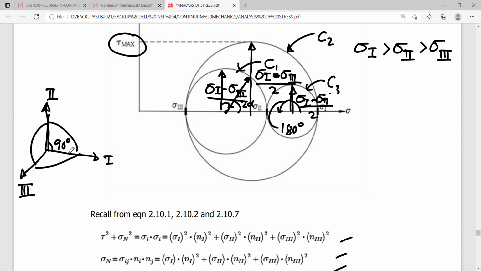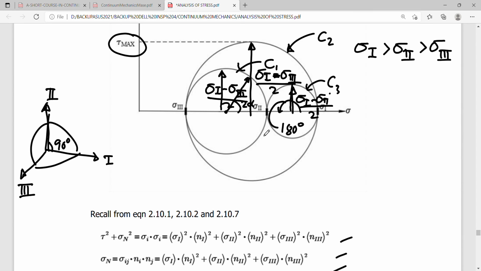So if I have a physical rotation, a physical angle describing the direction cosine, say 30 degrees, I have to plot twice that angle into the two-dimensional Mohr circle representation.